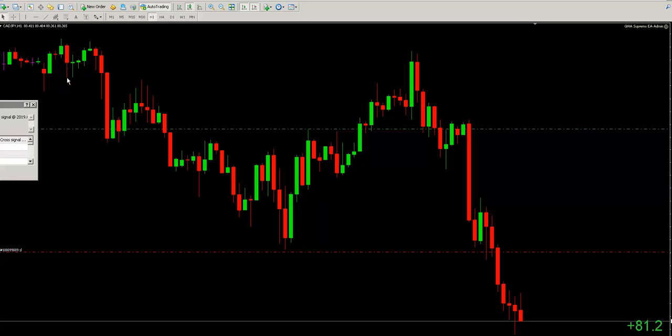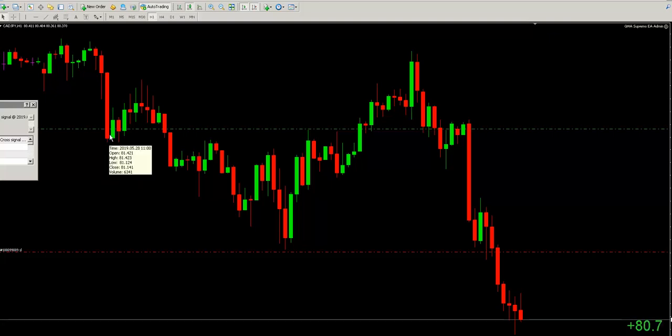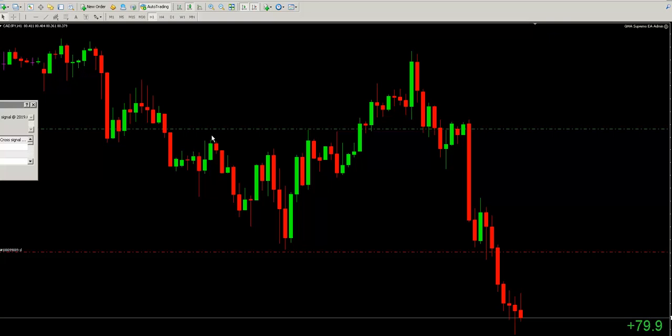You could say that's structure, maybe a minor structure. It went up, came down here, forming another structure level, and then went up, forming a structure high. So up here, structure high, low, high, low, high. So it's forming structure as it goes.